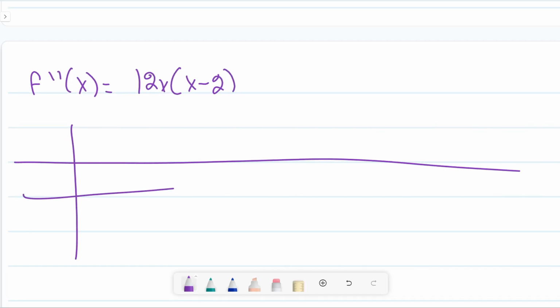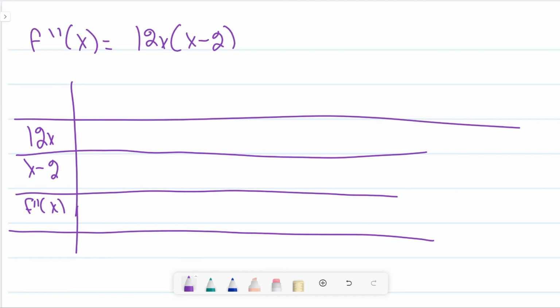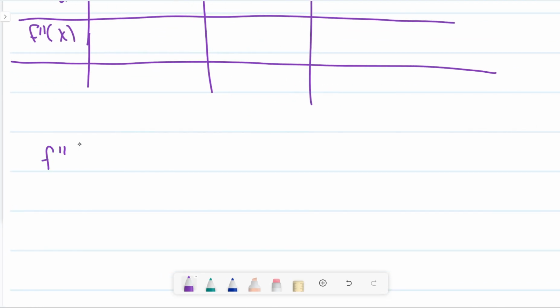Let's use a sign table: 12x, x minus 2, the second derivative, and the last row for the concavity. Let's use the intervals negative infinity up to 0, 0 to 2, and 2 to infinity, and let me tell you why I use these intervals. In order to find which numbers define the intervals, we set the second derivative to be 0.